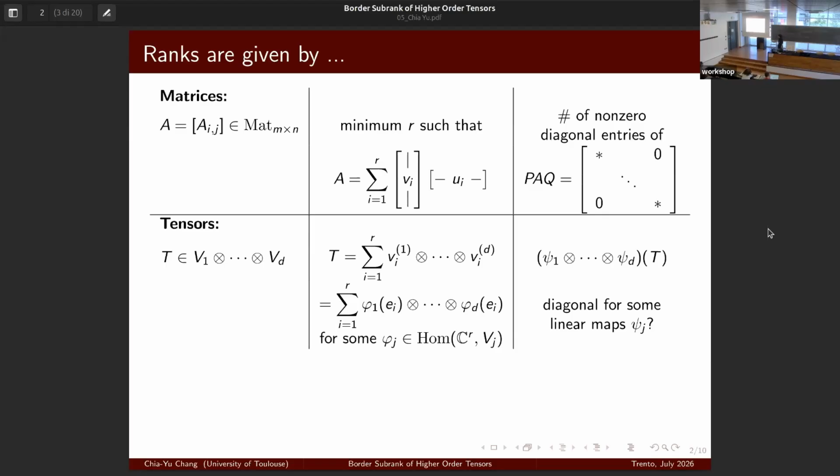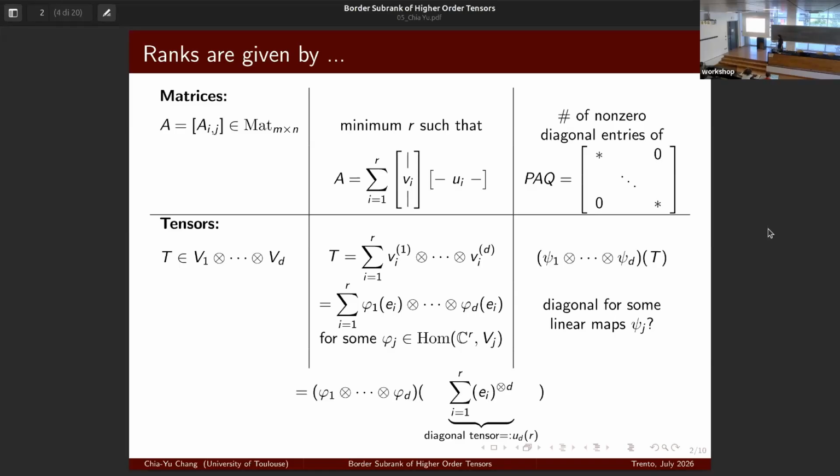For the first method, we can see those rank 1 tensors can be written with some linear maps phi 1 of v_i through phi b of v_i, where those phi j are from C^r to V_j.